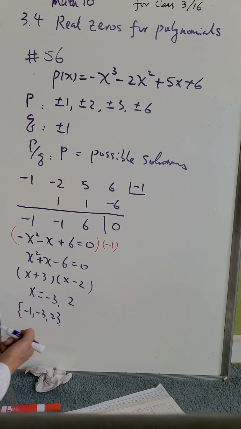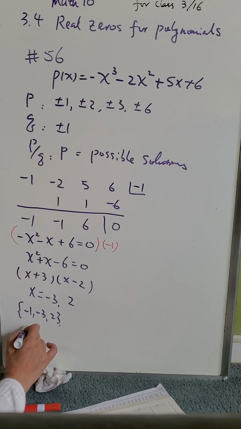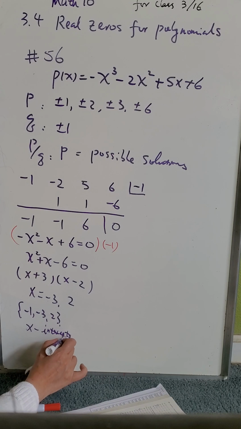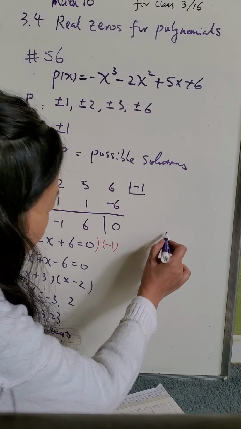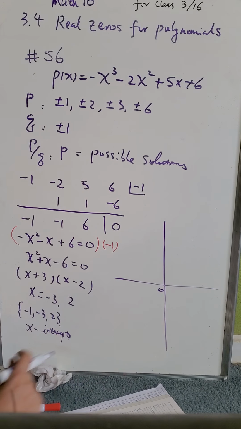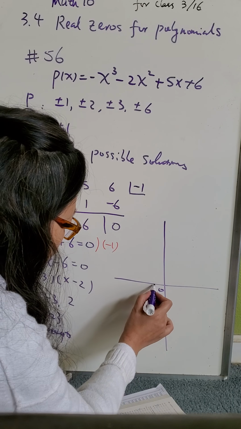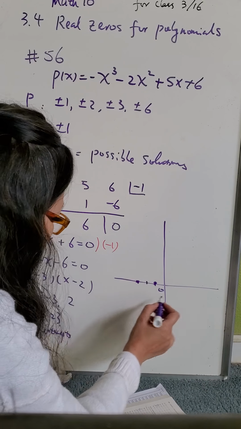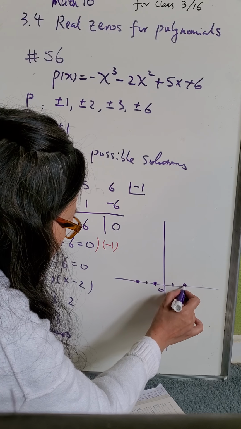But they are also x-intercepts, so we can use them to graph. I'm going to put in negative 1, negative 3, so one point, two points, and then 2.